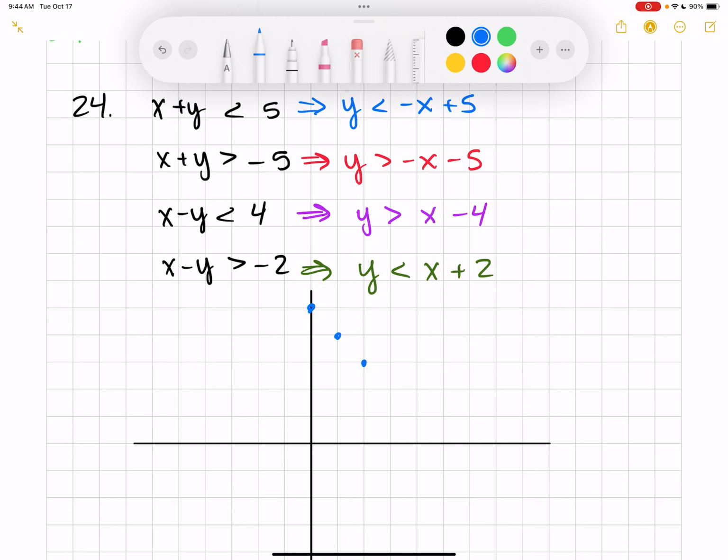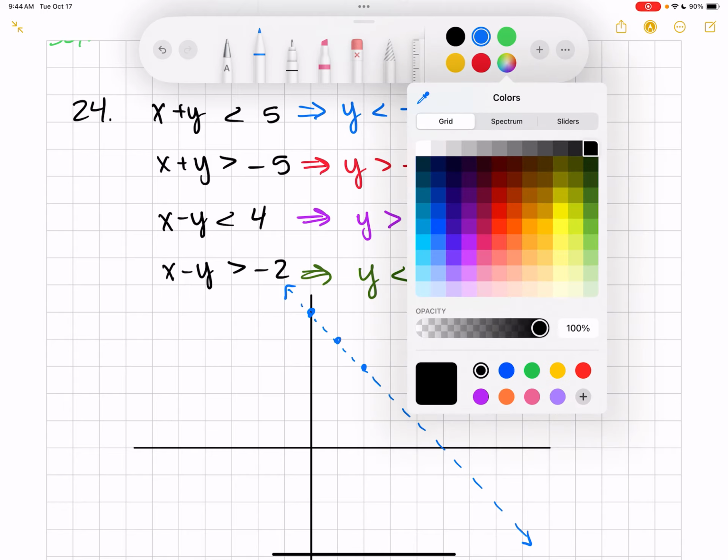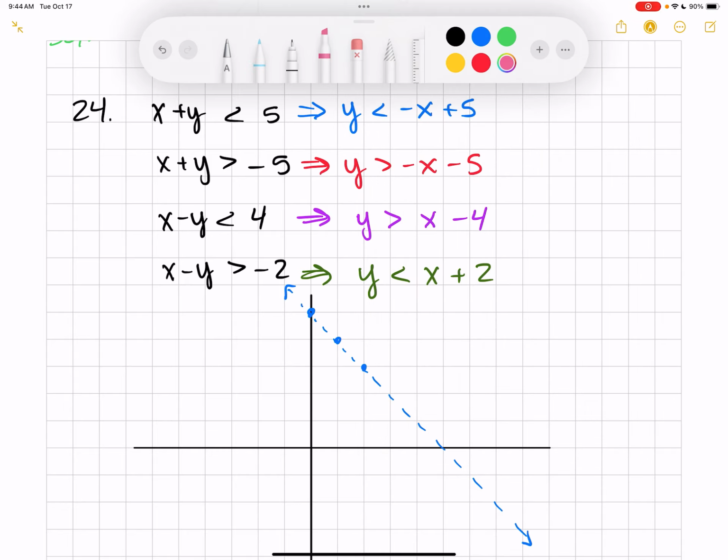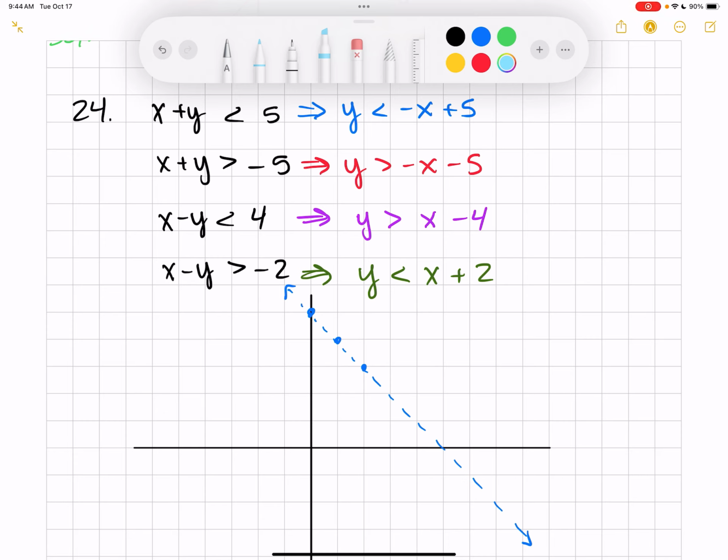So dotted line. And is this one being shaded above or below? Yep, below. It's less than, so down here.